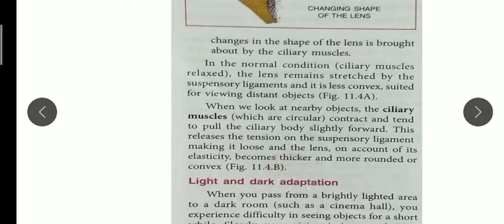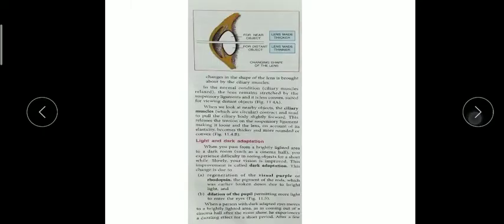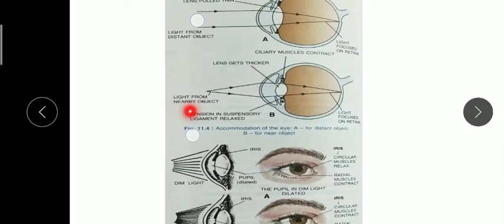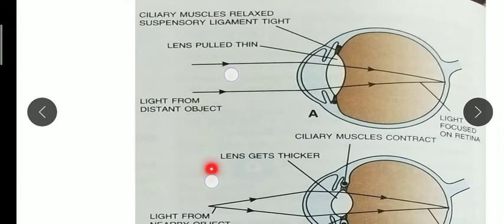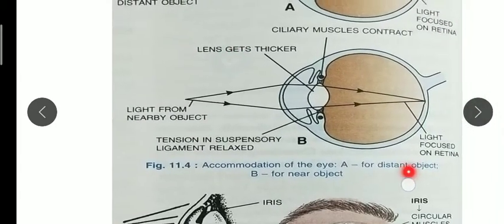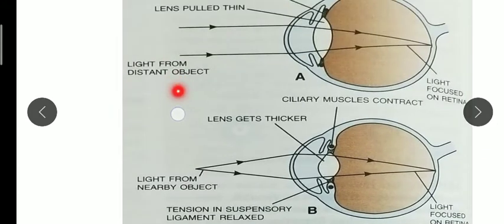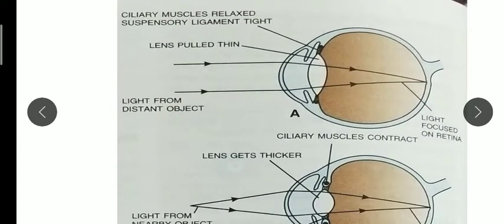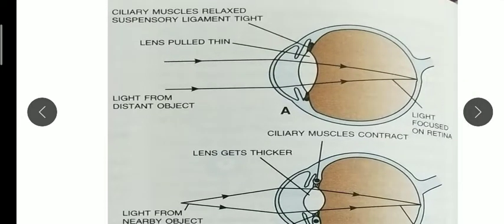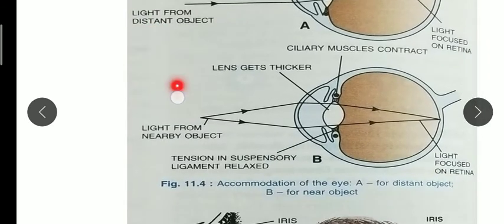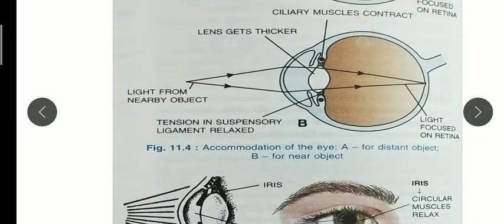You can see it in this way. One more good figure is given on the right hand side. You can see everything is labeled here, figure 11.4, for a distant object and for a near object. For the distant object they are clearly mentioning that the ciliary muscle is relaxed and the suspensory ligament is tight. So the lens becomes thin, focusing light on the retina for the distant one, and for the nearer one, the ciliary muscle contracts and the lens gets thicker.